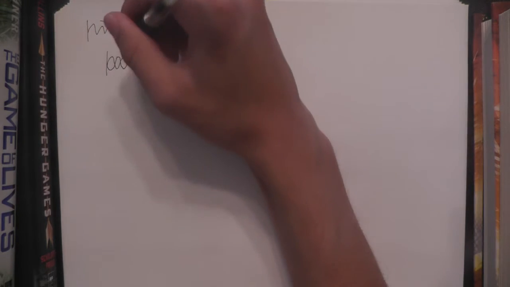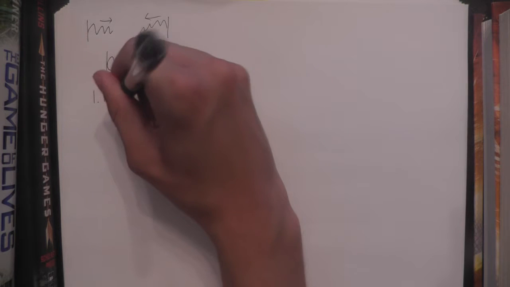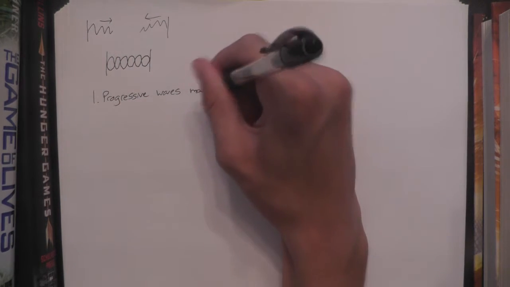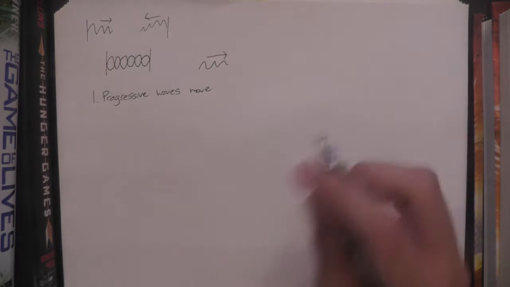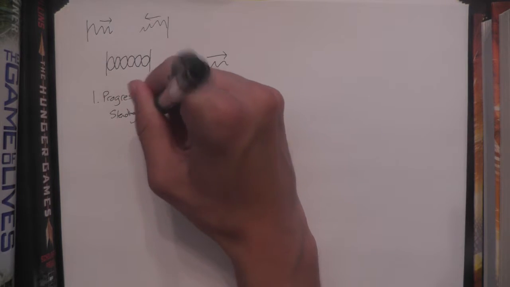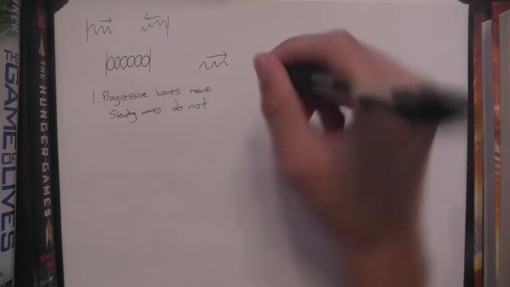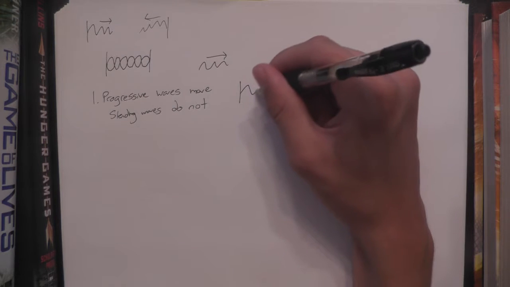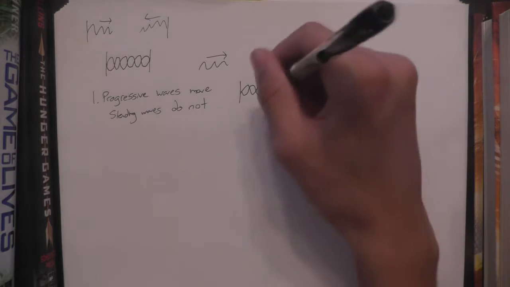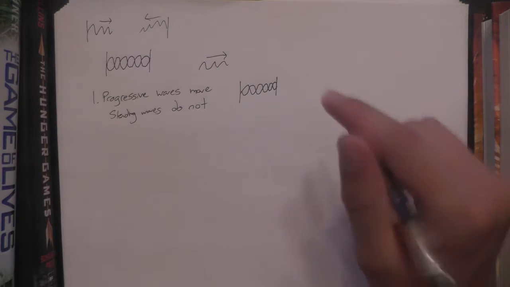Well, the reason we care is because a standing wave has several marked differences from the transverse or progressive wave that we've been discussing earlier. Now, the first of which is going to be progressive waves move. They move through a medium, they keep on traveling. However, standing waves do not. Standing waves are trapped between two ends. They're constantly superimposing on themselves. That's why you get that shape, that kind of like a bunch of balls in a row sort of shape.